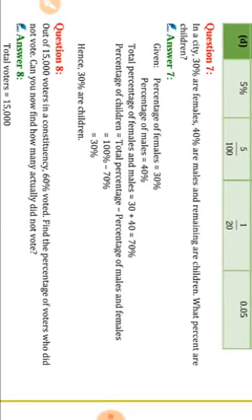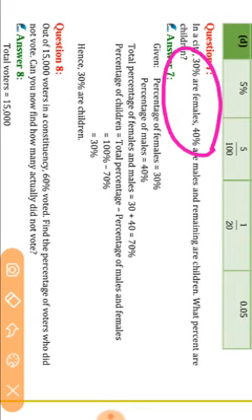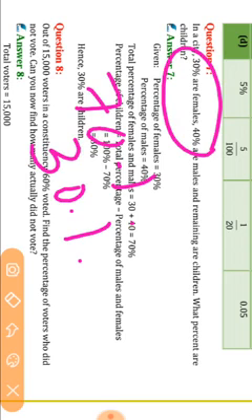The 7th one: in a city 30% are females, 40% are males and the remaining are children. What percent are children? See, total is 100%. In that 100, 30 plus 40 is there, so 70% are total. So the remaining is 30%. So 30% are children, isn't it? So subtraction has taken place.